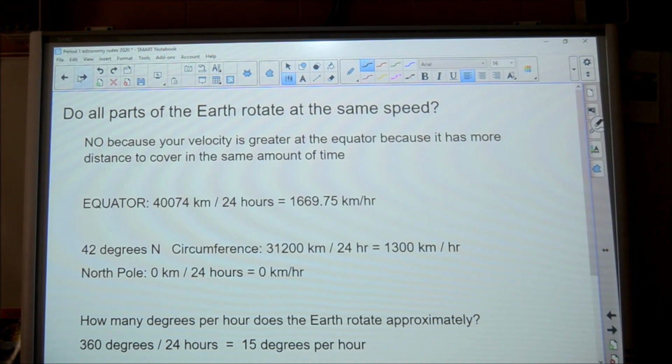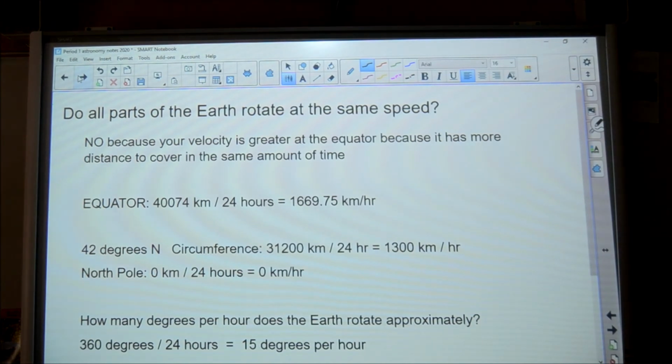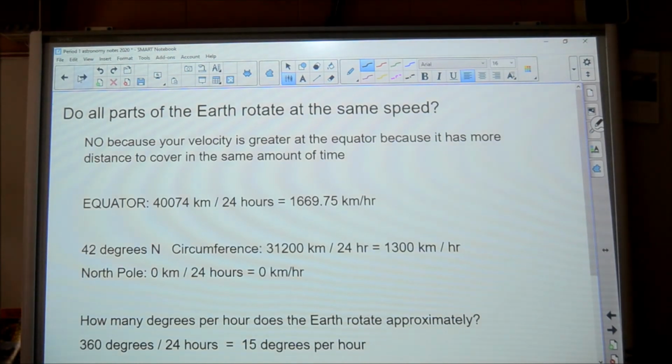Okay, quick question. Do all parts of the Earth rotate at the same speed? Answer, no. That's because as it's rotating, the equator has more distance to cover in the same amount of time than any other location. It's kind of like if I throw you out on the track.